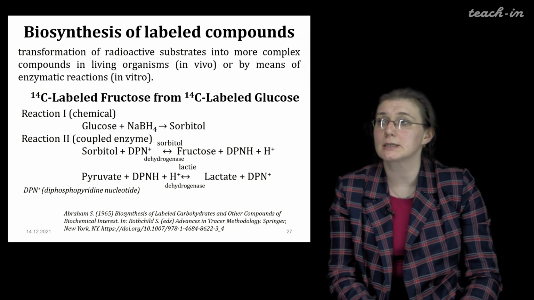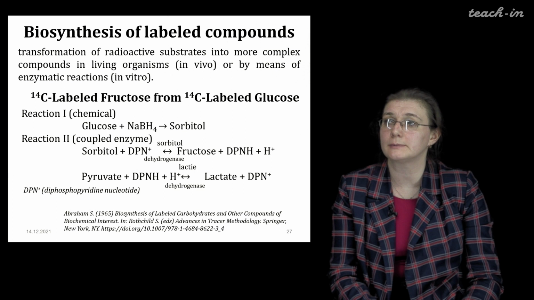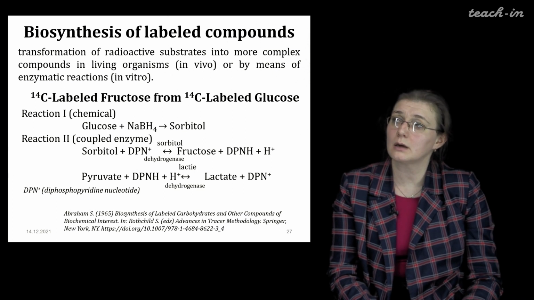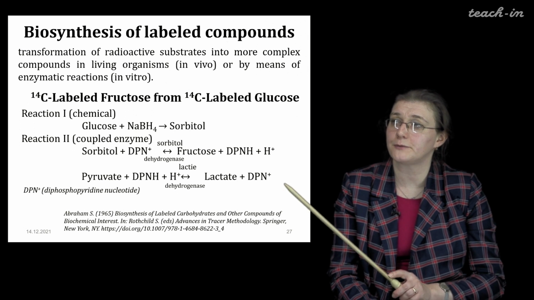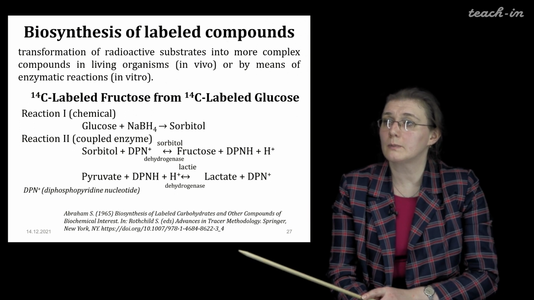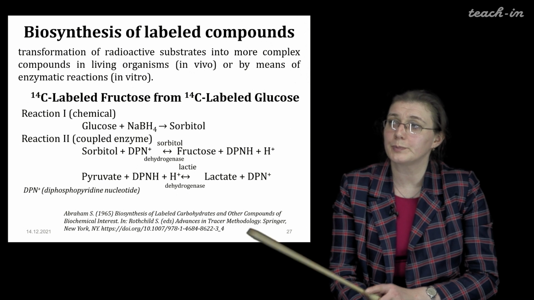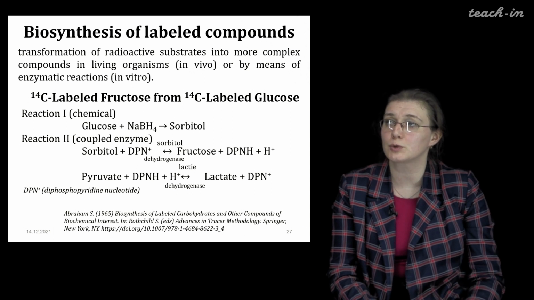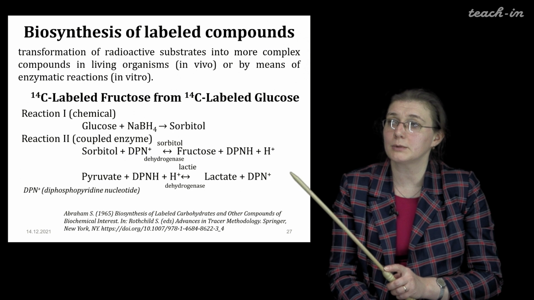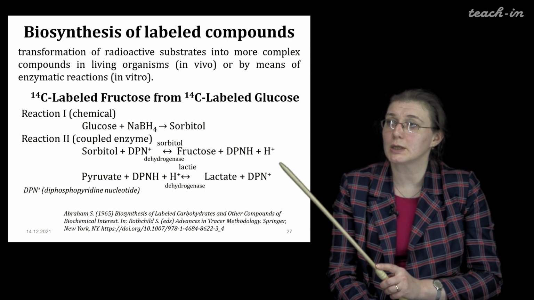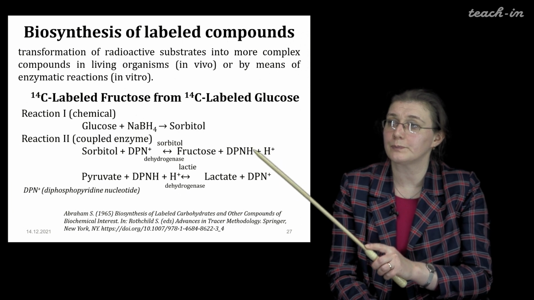In other words, biosynthesis can be carried out in vitro. And here is an example that I have found. It's a preparation of labeled fructose from carbon-14 labeled glucose. And here you can see the reaction.